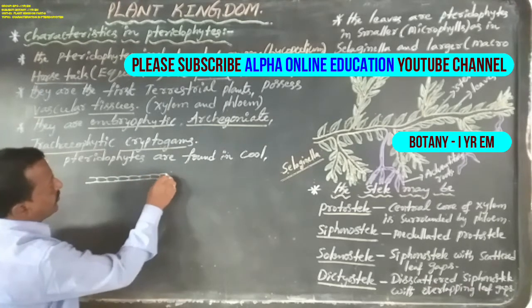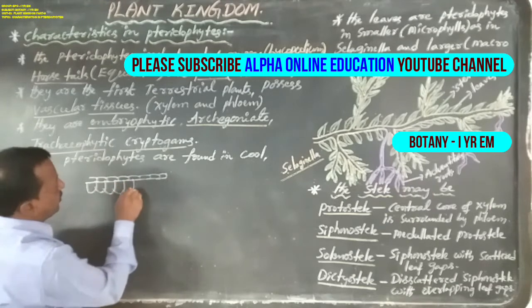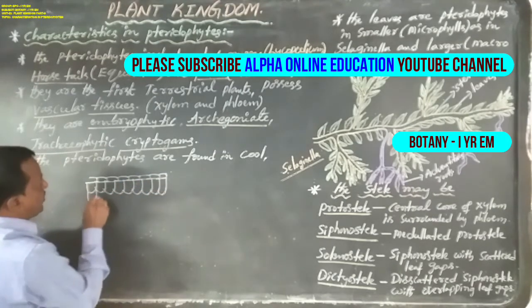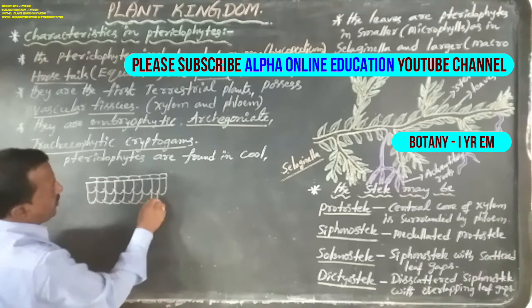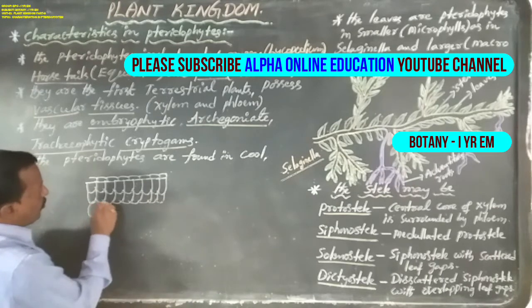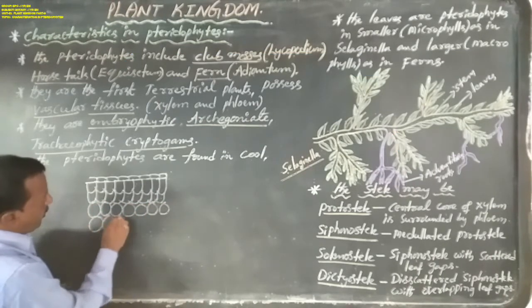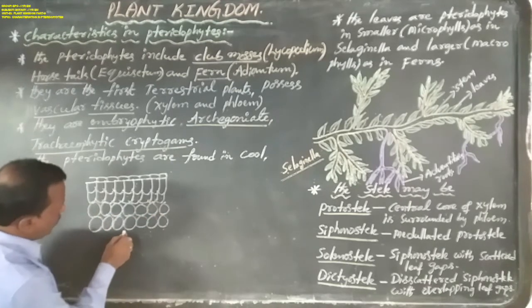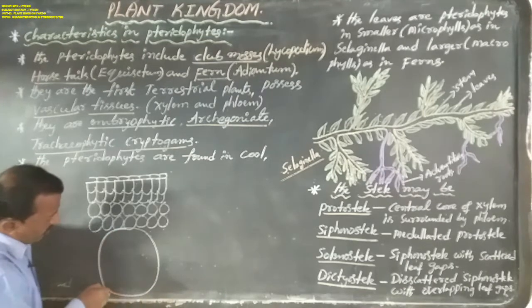This is the epidermis, this is the exodermis, and this is the cortex. This is the stele, or vascular bundle.